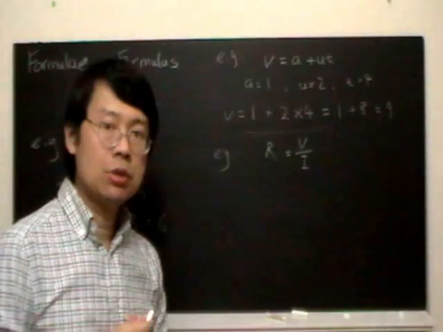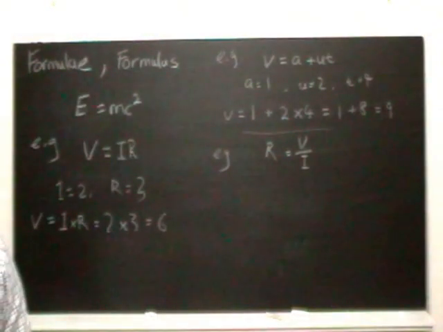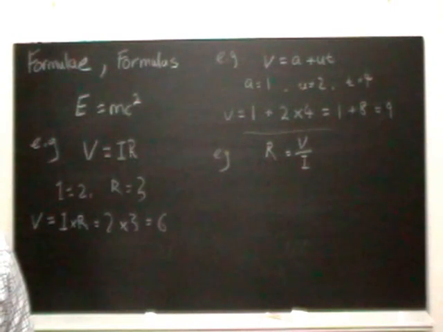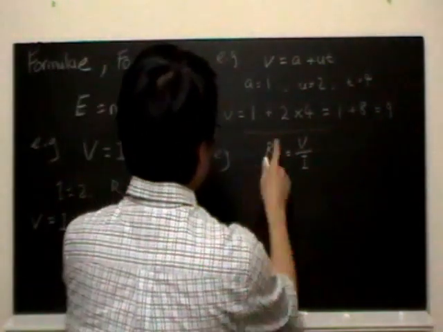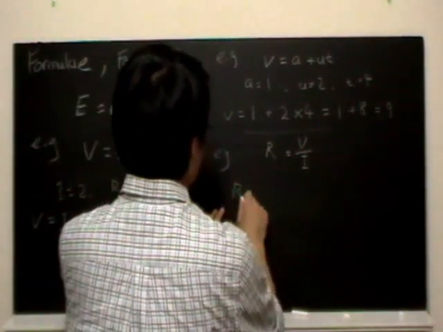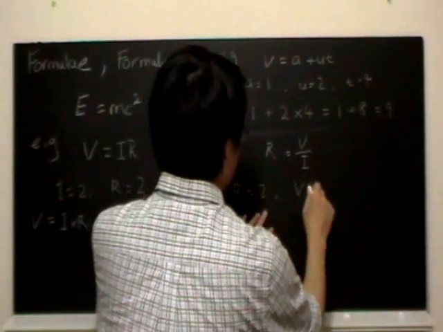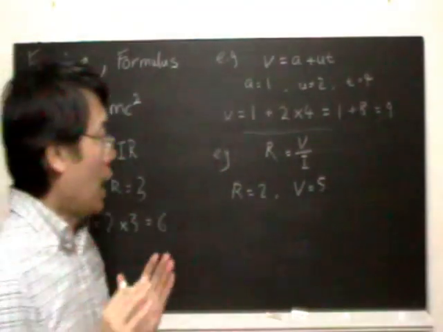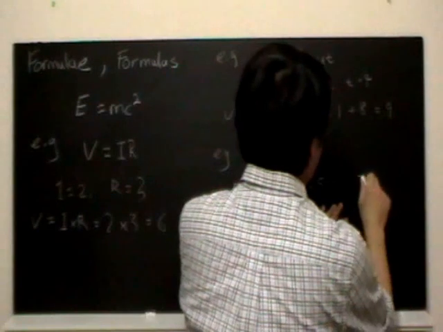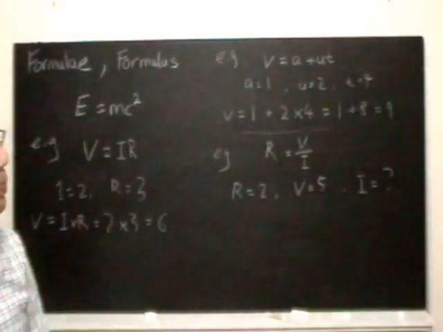R is equal to V over I. Now suppose we are given the values of R, that R is equal to 2 and that V is equal to 5. And we want to find I. What is I?